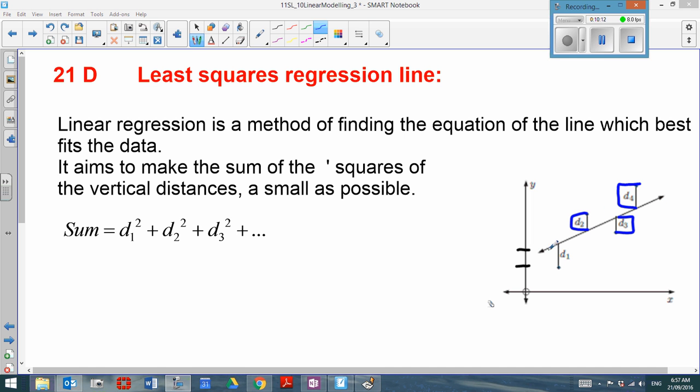If we take those squared distances and add them together, we want those distances to be as small as possible. If we have the smallest possible distances away from the middle line, then our middle line is going to be very accurate. So when we do least squares regression, technology is utilized because it can do that very quickly and accurately, and it winds up being our best possible solution, just because it's more accurate than by hand.